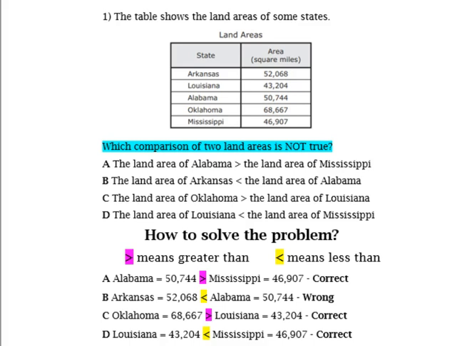And lastly, D, Louisiana, 43,204 is less than Mississippi, which is 46,907. So 43,204 is less than 46,907. So that comparison is correct as well.